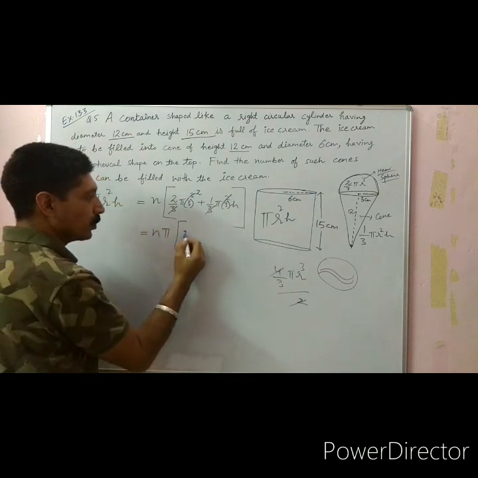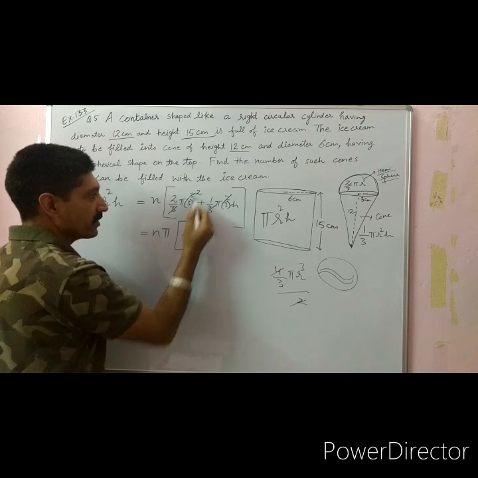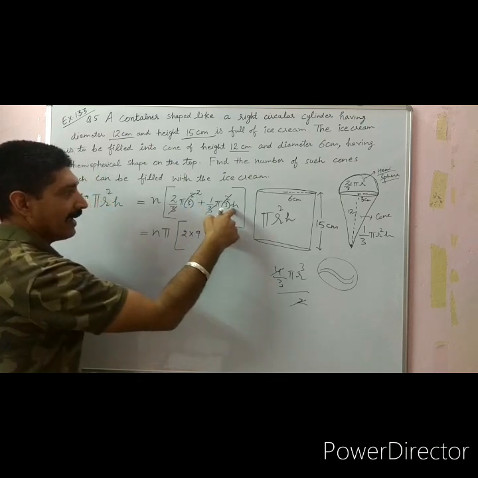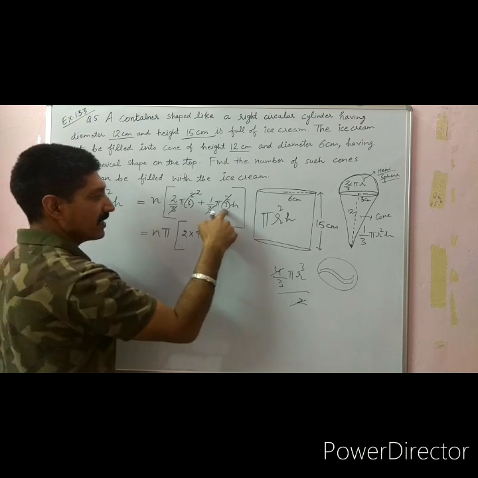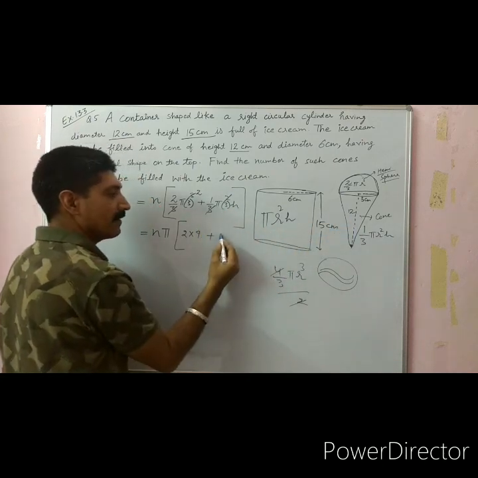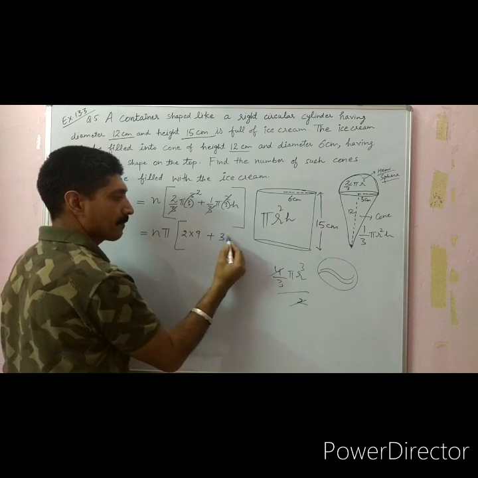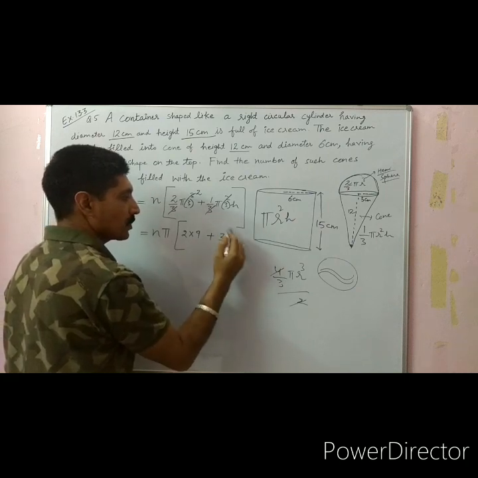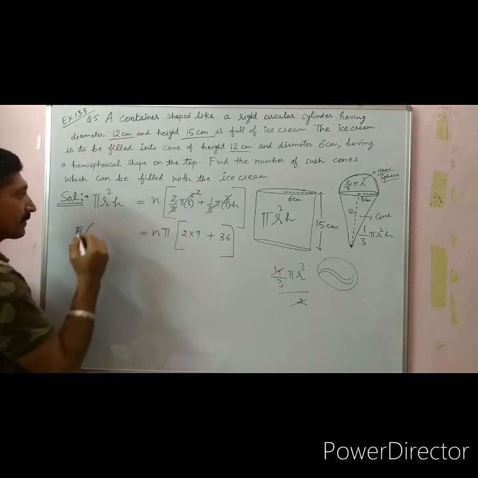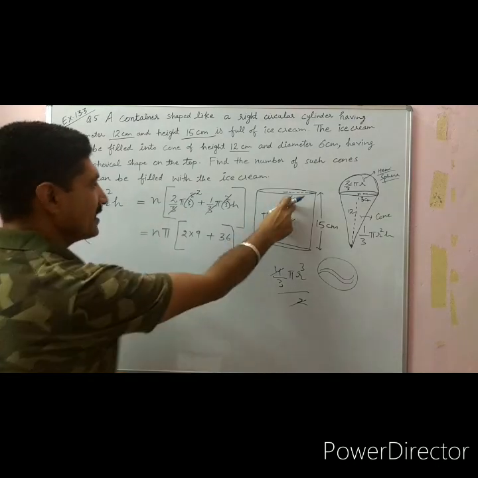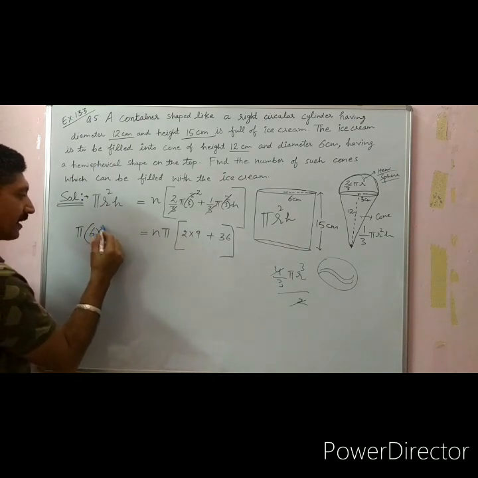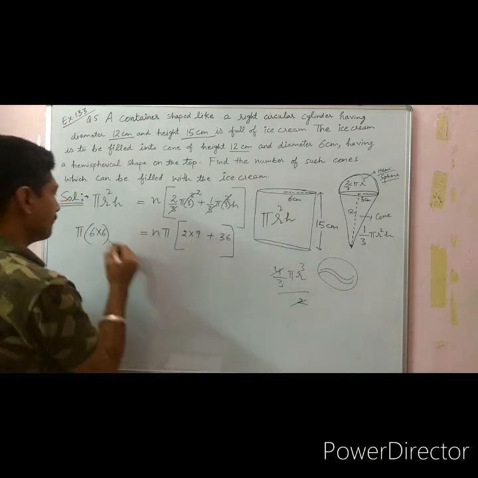So I have 2 into 3 square is 9, plus here 1 by 3 is left, and h is 12 here. So 3 into 12 is 36. So we have pi, in this case r is 6, so that is 6 into 6, that is 36, and h is 15 here.